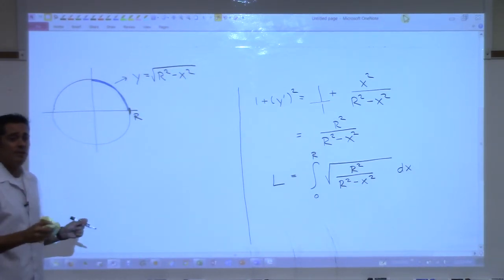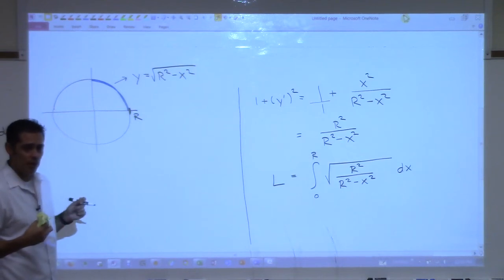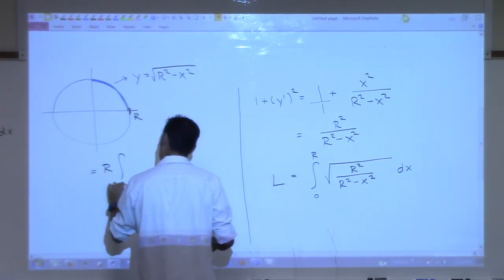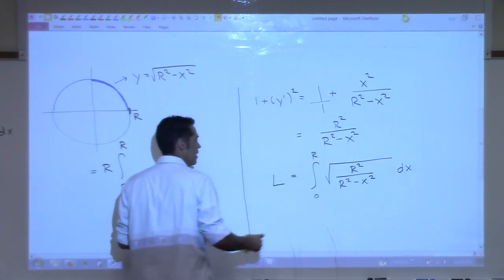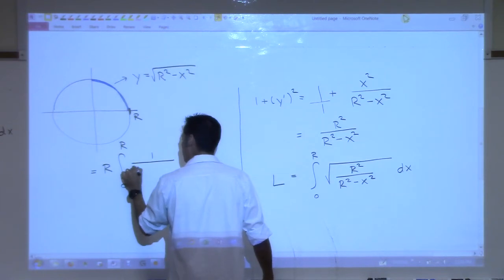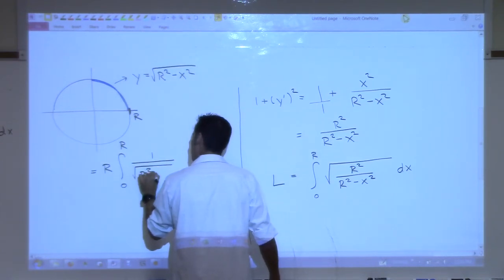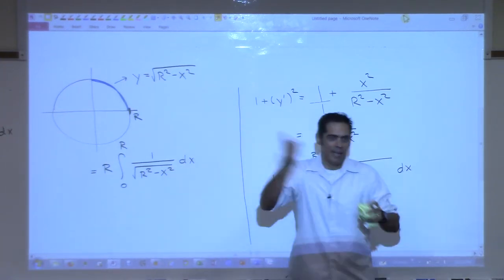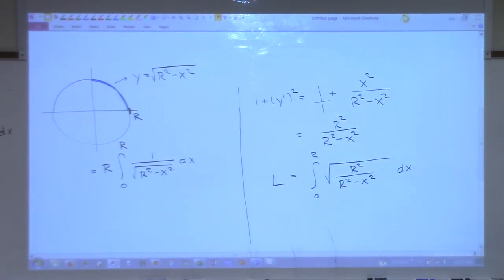R, and R is a constant, right? Which can come out of the integral completely. So my next line is going to be capital R integral 0 to capital R. And then on the top I have 1, because I pulled the capital R out. And on the bottom, I still have to do the square root of this, right? Which I can't do algebraically. I can't do the square root of each one, so I'm stuck with that.